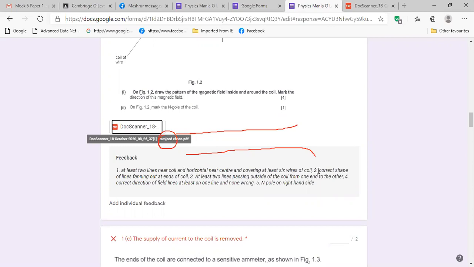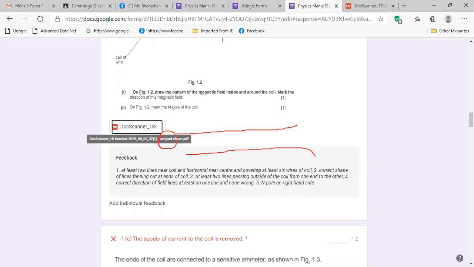Number 2, correct shape of lines, this is fine. Number 3, at least 2 lines passing outside of the coil from one end to the other. So this is also okay. This one I accept. That correct direction is also okay. And pole on the right side.